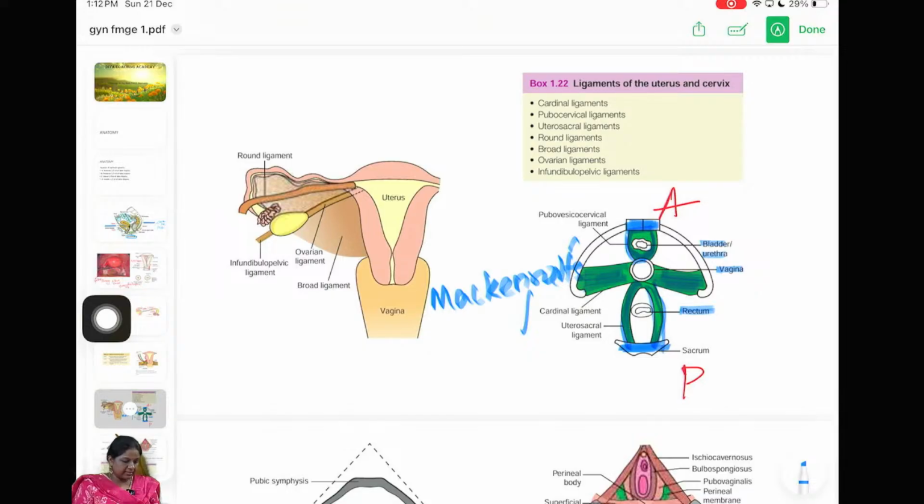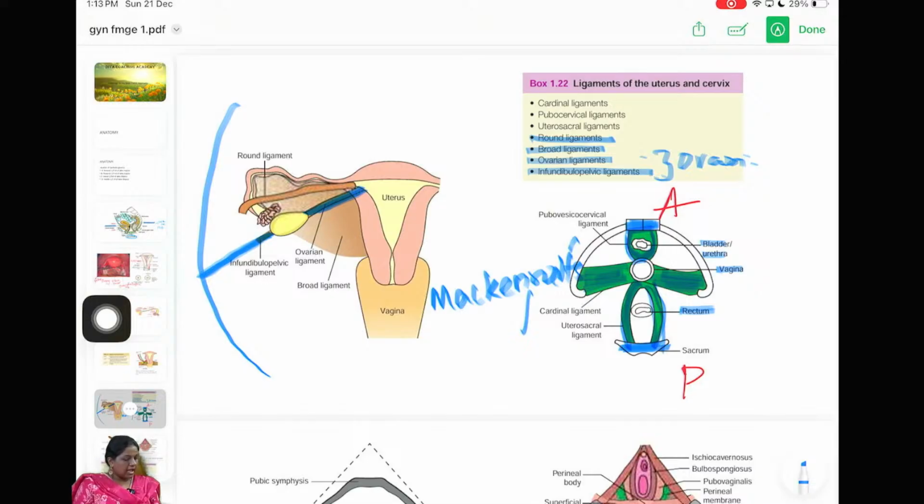But there are other ligaments which are additionally present, but they don't provide much support. Like the round ligament, broad ligament, ovarian ligament, and infundibulopelvic ligament. See, the ovarian ligament and infundibulopelvic ligament are anchoring the ovaries. The ovarian ligament is attaching the uterus to the ovary, and the infundibulopelvic ligament is attaching the ovary to the lateral pelvic wall.